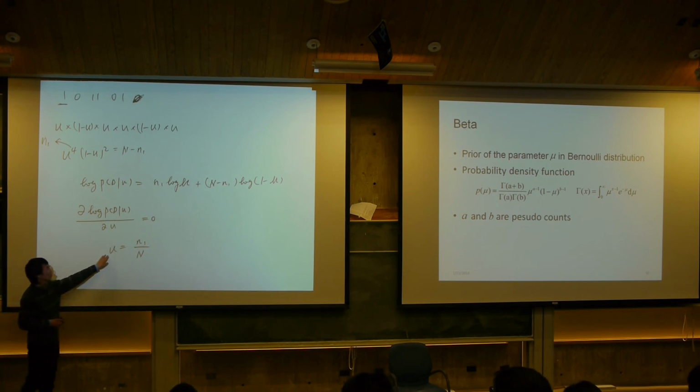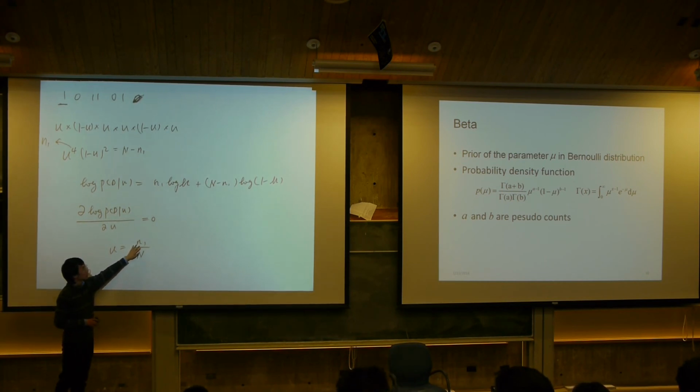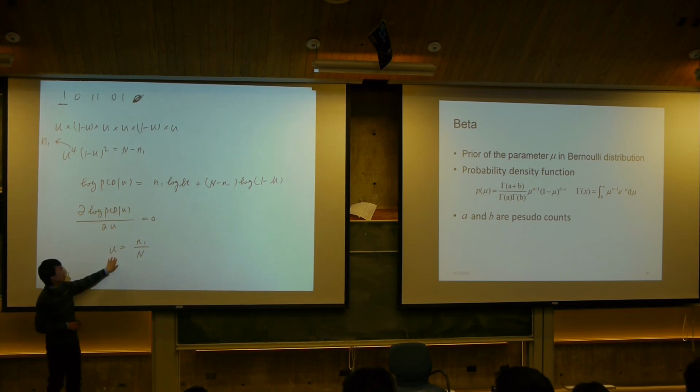So this equation here is very intuitive. Remember that in Bernoulli distribution, mu means the probability that event 1, outcome 1 happens. And n1 here means from your data, how many of the samples are 1. So you divide this number n1 over the total samples in your data set. That is the probability.